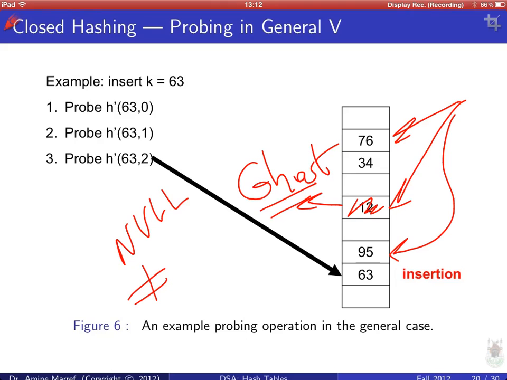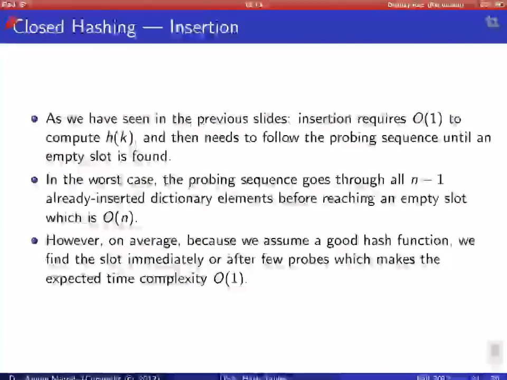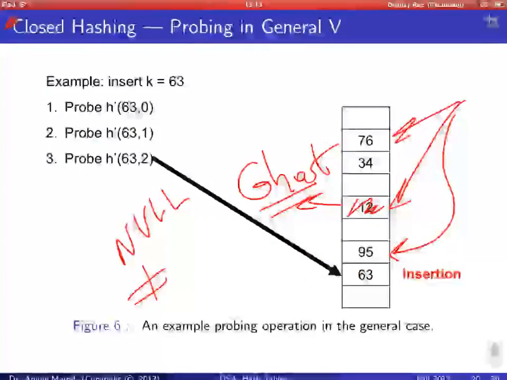So linear probing can be captured by this equation. This is the term that we have seen in the previous slide when we said h(k, 0), which was the first attempt to do insertion, and then we had h(k, 1), which was the second attempt to perform insertion.